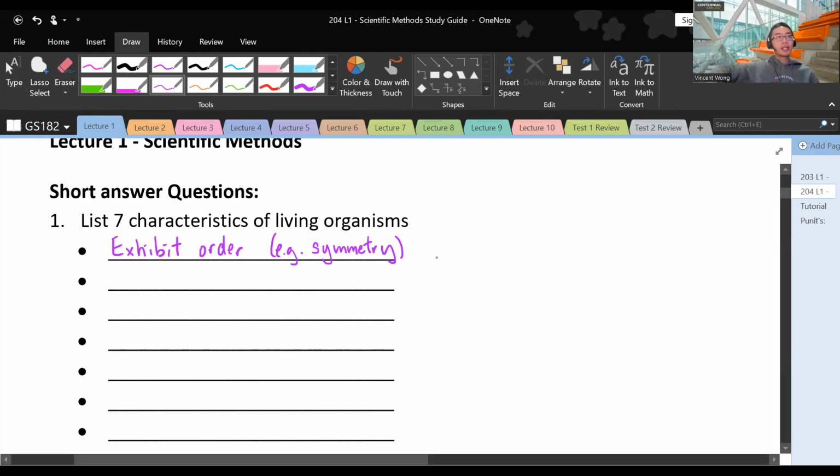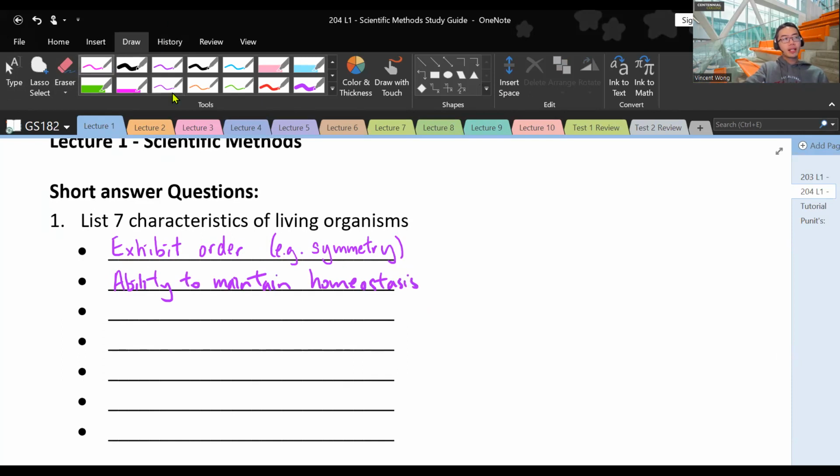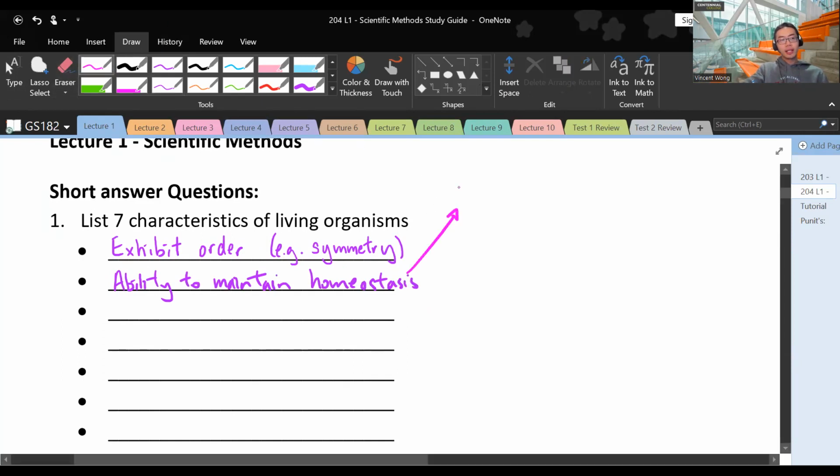Homeostasis. Homeostasis, that's correct. The ability to maintain homeostasis. Homeostasis is essentially an internal balance, right?